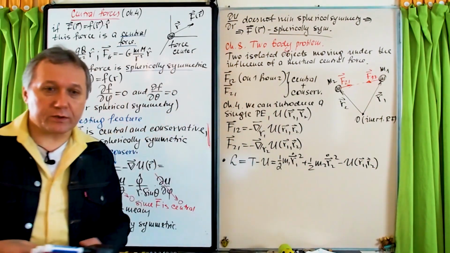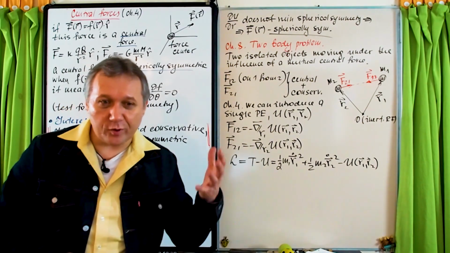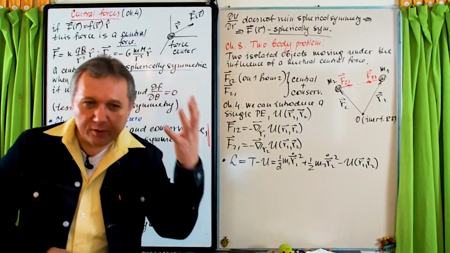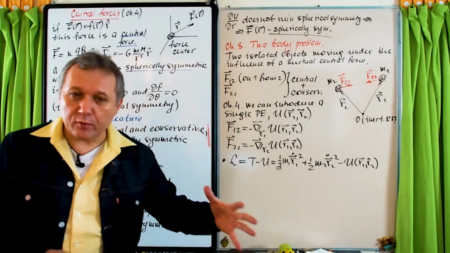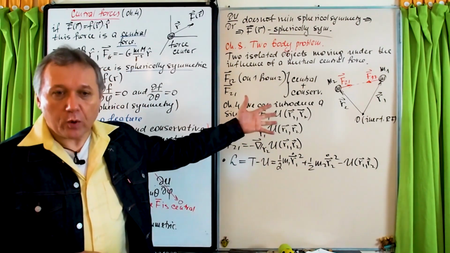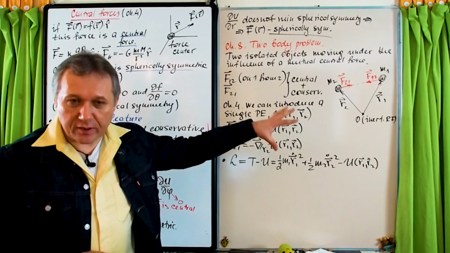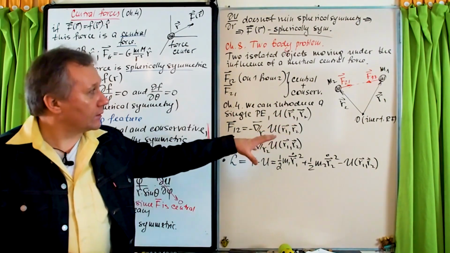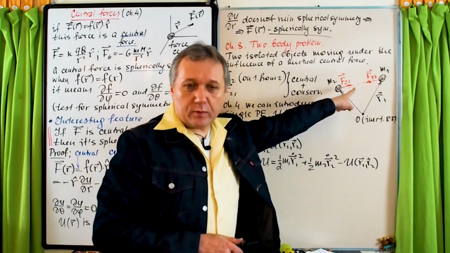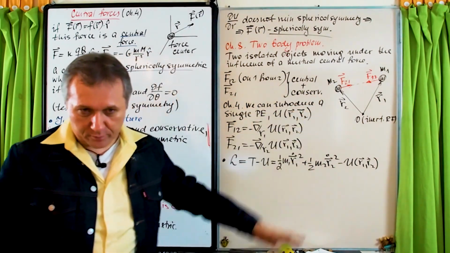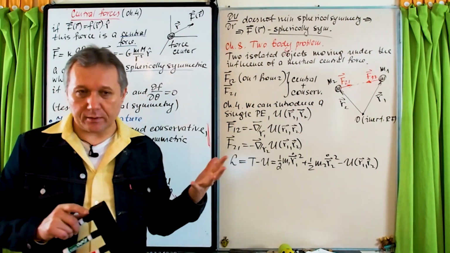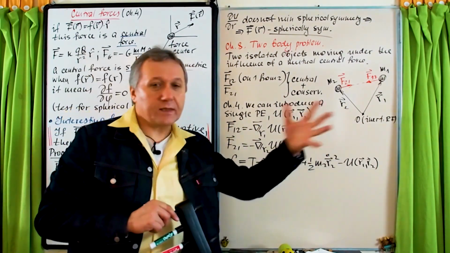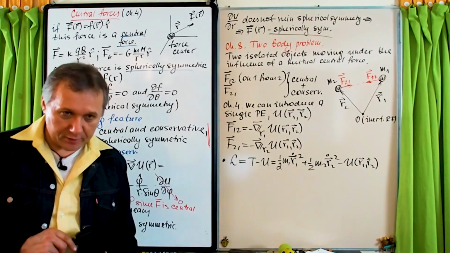Because there are no constraints, there is no point in introducing transformation equations to reduce the number of coordinates, because all 6 coordinates describing the system, x1, y1, z1, x2, y2, z2, are linearly independent. That's why we can write this Lagrangian immediately.